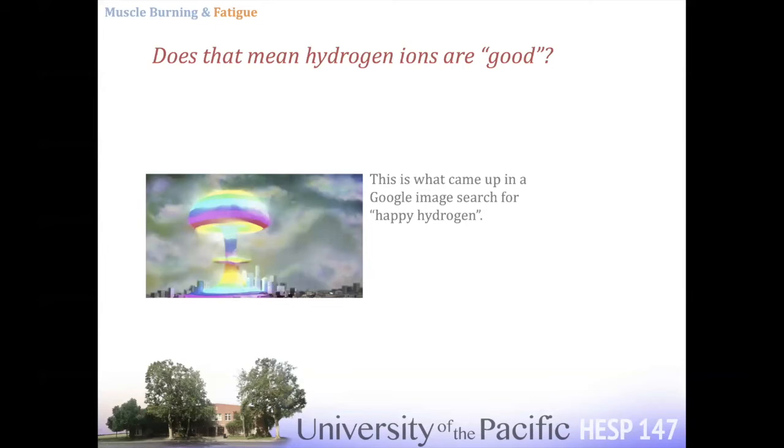And here's a proposed mechanism of how this limited chloride conductance can improve the electrical activity. So we think central fatigue. Does that mean the hydrogen ions are good? If we want to perform, they're warding off fatigue, right? The lower your pH, the more hydrogen ions you accumulate, the better it is.